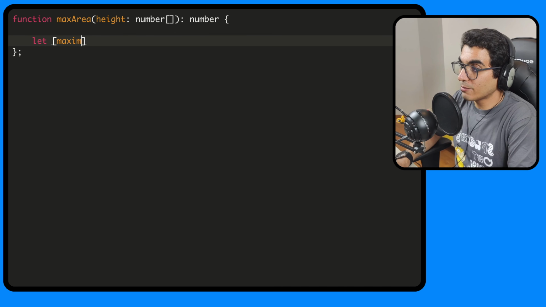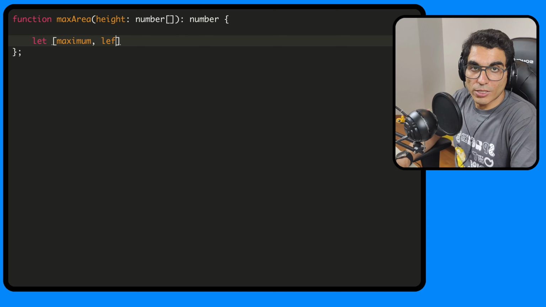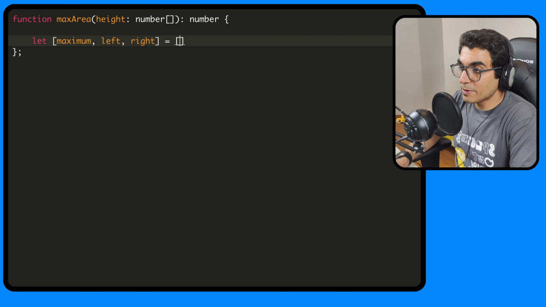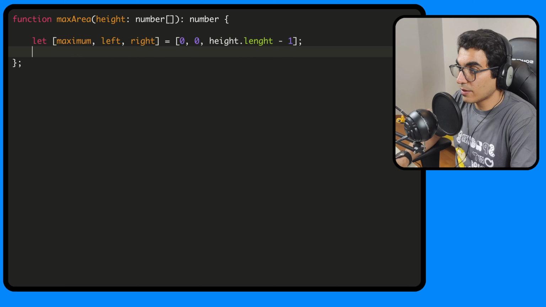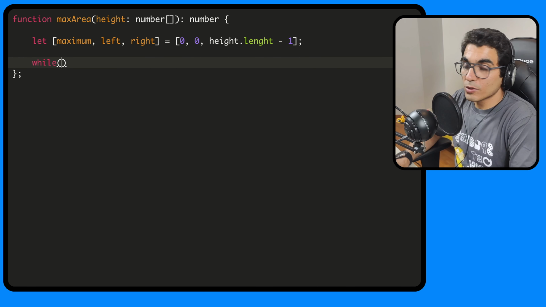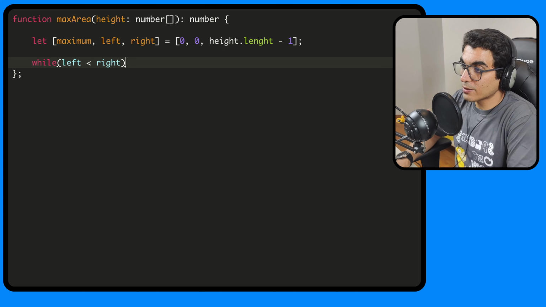So maximum, we're going to store the left index and the right index, which would be 0 at the beginning for left, and the right would be height.length minus 1. And we will continue until the left is smaller than the right.